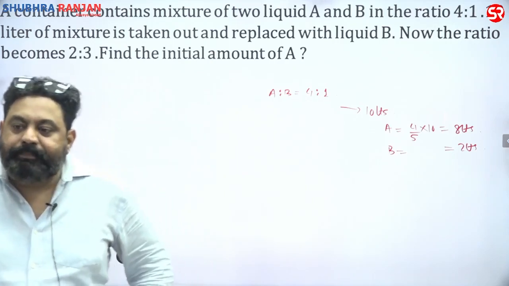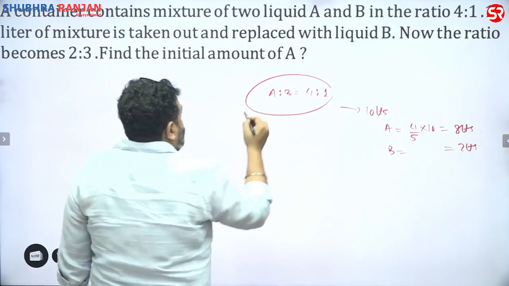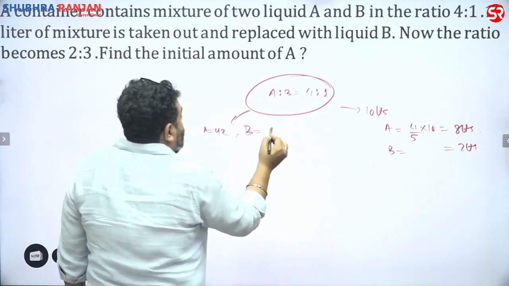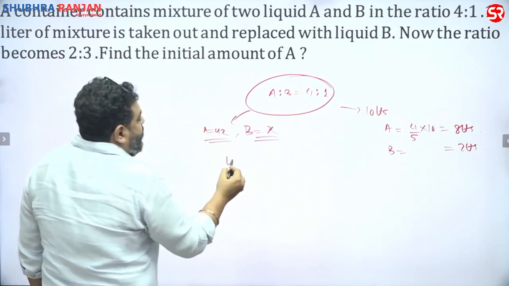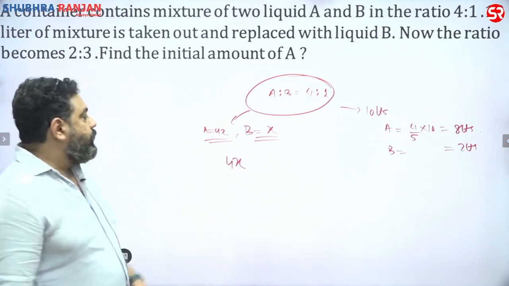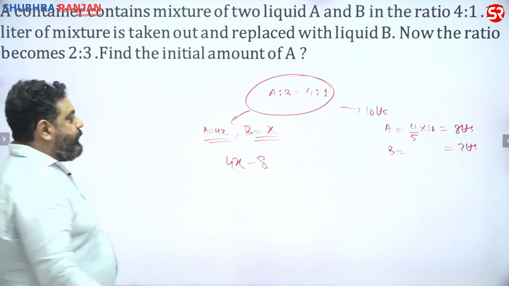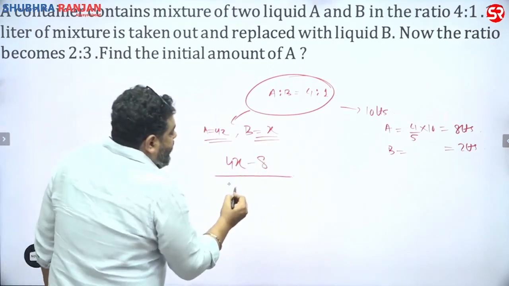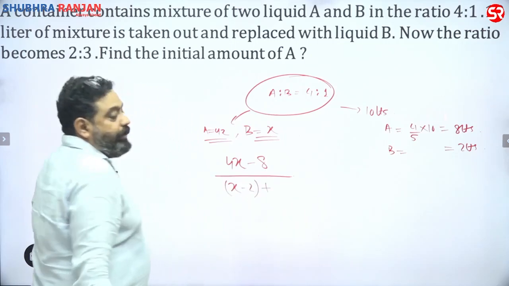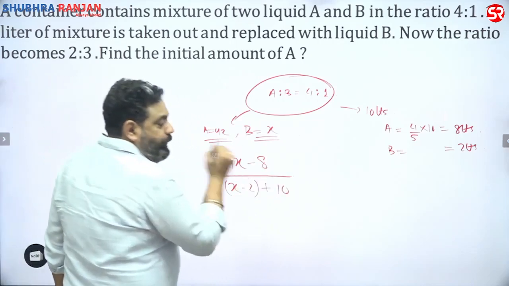है ना? तो अगर हमारे पास एक लिक्विड था, उसमें A की क्वांटिटी थी 4x और B की क्वांटिटी कितनी थी? x, right? So 4x में से when 10 liters got out, how much A has got out? 8, right? और B में से x लीटर में से कितना चला गया? 2 liters, and then it was replaced by liquid B. So this 10 liter is now liquid B is added.